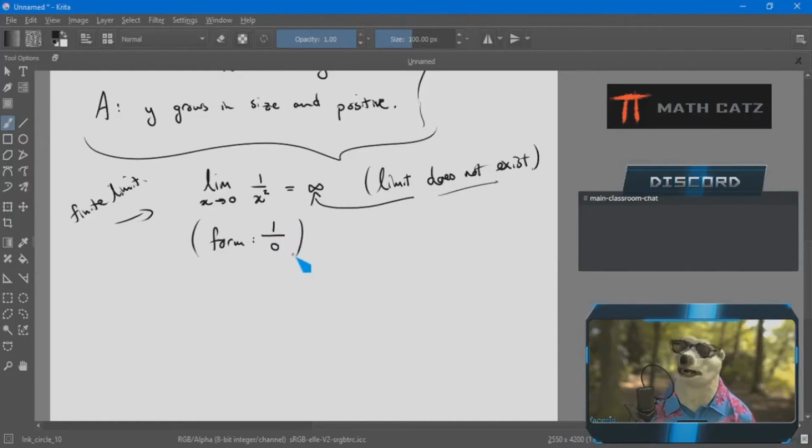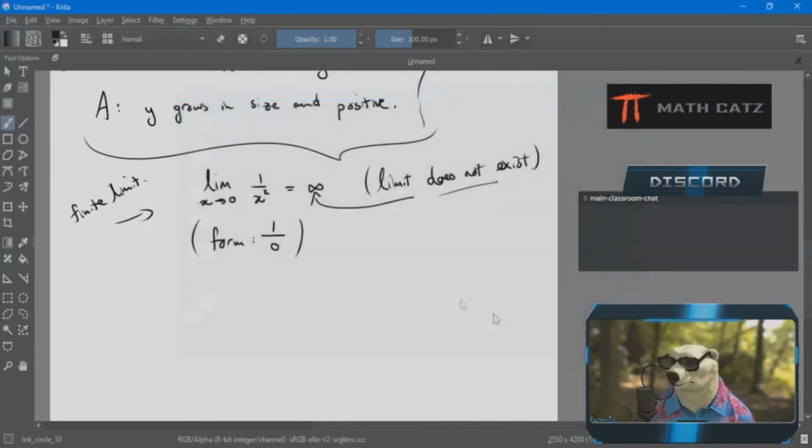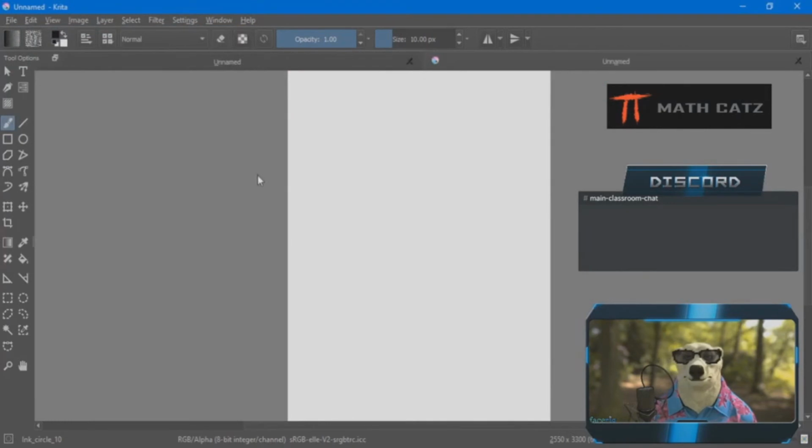I have a denominator that gets smaller and smaller. Plug in numbers. 1 over 0.1, 1 over 0.01, 1 over 0.001. The whole thing blows up. So you can convince yourself that this form does give me a lot of information as to what the limit does. Okay, so I want to do problem 2.2, number 14. Let me just resize this.